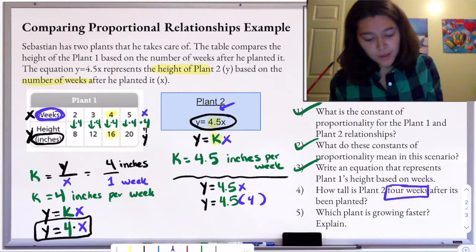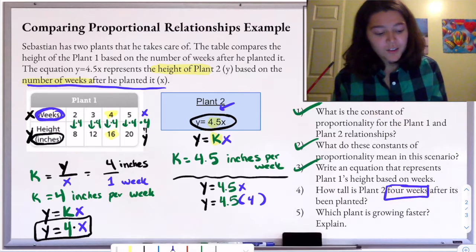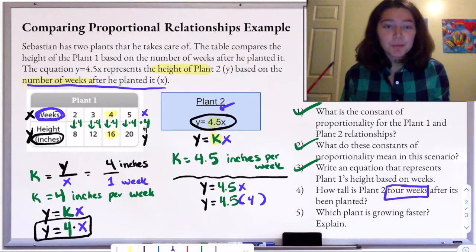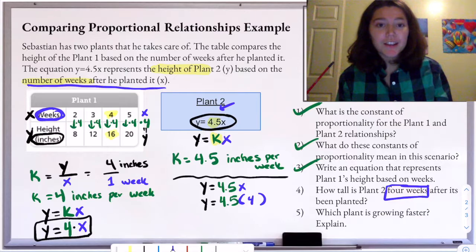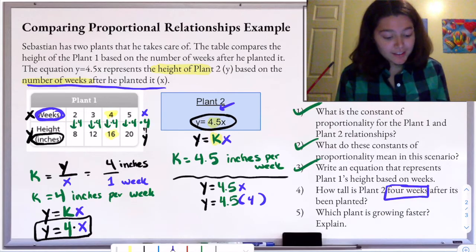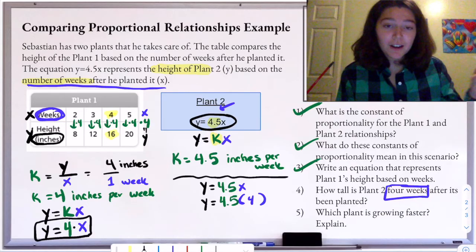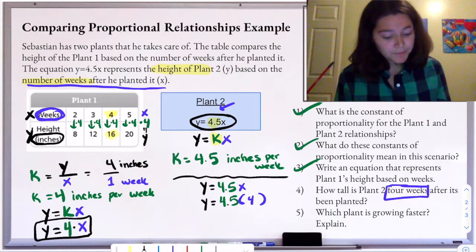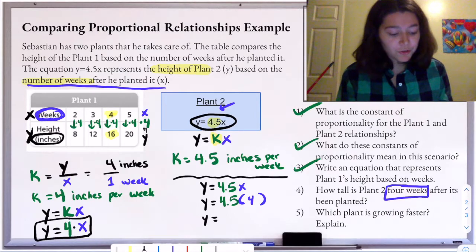X is weeks. So I'm talking about 4 weeks after it's been planted. I'm going to substitute in or plug in, put in, replace x with 4. Right? And then that's going to give me the answer. I just need to evaluate this, figure out what this is. So y is equal to 4.5 times 4.